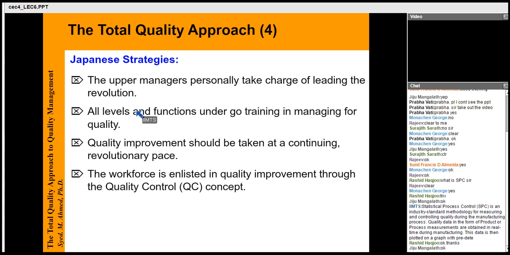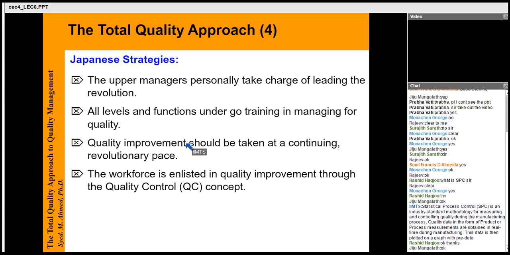Second, all levels and functions undergo training in managing for quality. All the levels, from lower to middle to higher level, undergo a training program for managing the quality part. Third, quality improvement should be taken at a continuing revolutionary pace. That means at each and every level of developing the product, they ensure quality improvement.